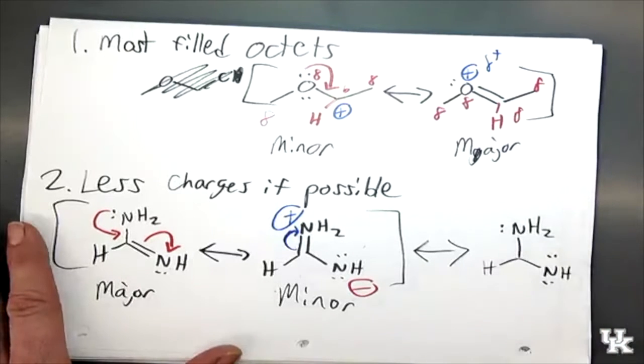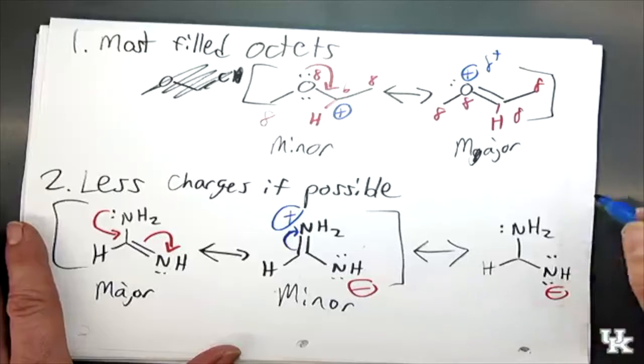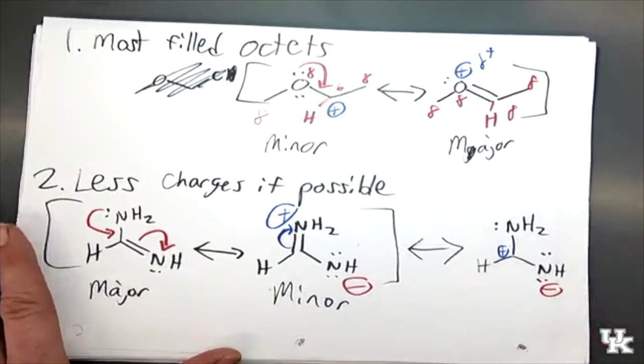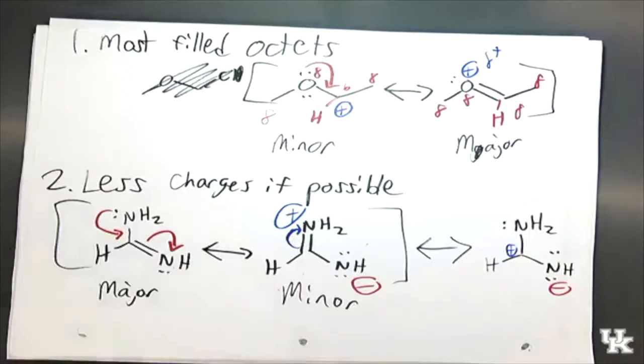So now we have our negatively charged nitrogen, but instead of the positive charge being on the other nitrogen, now it's on this carbon. Okay? So the question is, between these two, can you see which structure is better now?